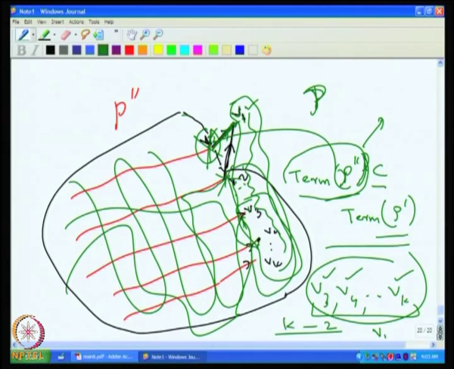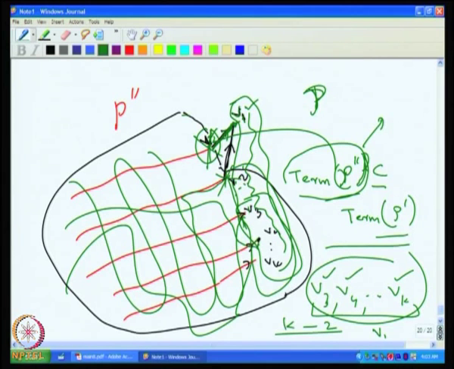So, we have a smaller path cover than P with the terminal set of it being a proper subset of the original one, which is a contradiction. Because the original path cover P was supposed to be a minimal path cover, we got a contradiction. So, it is not possible that our P dash is not a minimal path cover, it has to be a minimal path cover then.